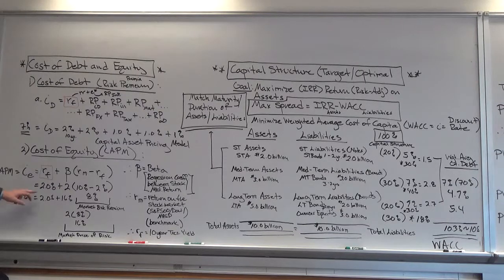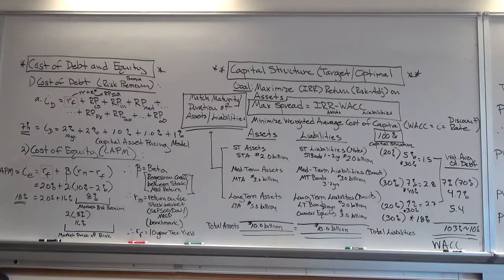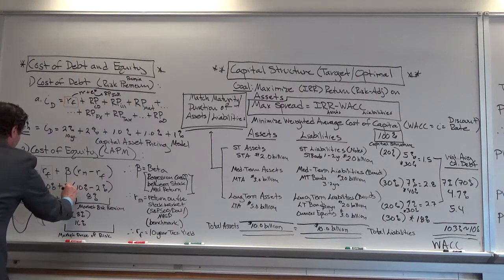I used the same 10-year treasury yield of 2%, plus I used a 2x factor for the beta, which basically means that the total return on the stock has moved twice as much as the market. Okay, twice as much, so it's a 2x factor.